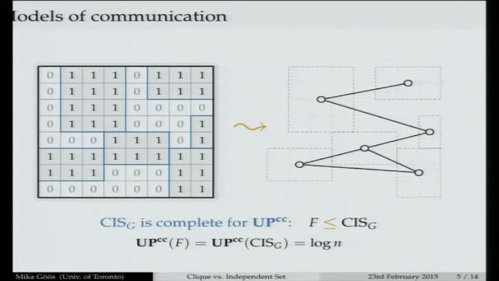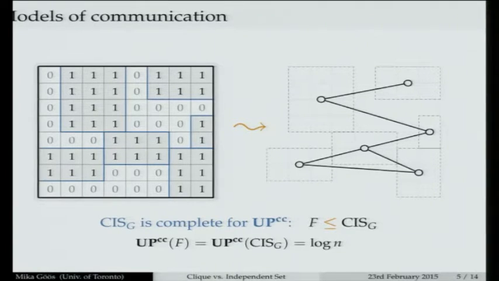Suppose the conjecture you're talking about was true. Would it imply that for every function f, UP of f is order of log n?